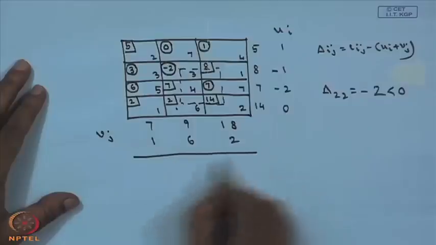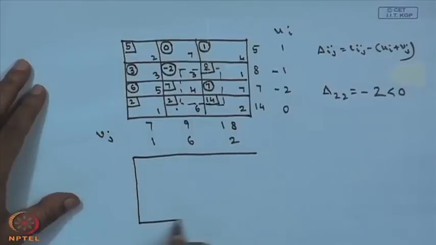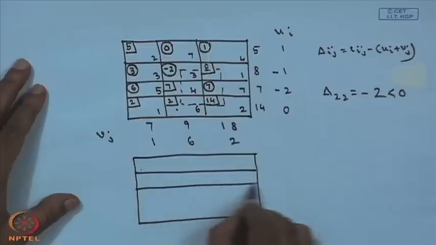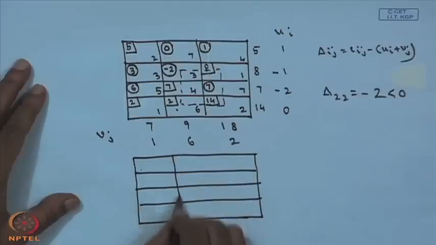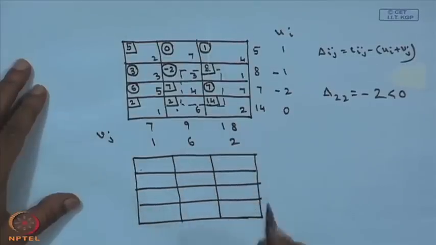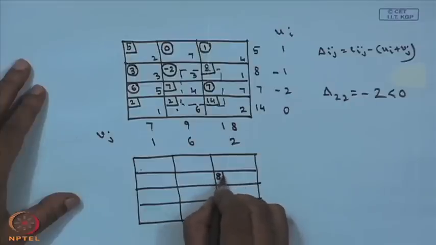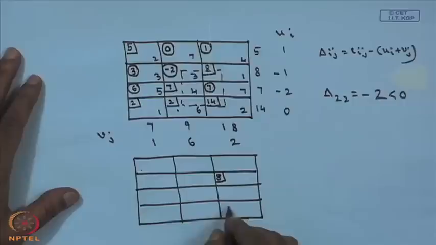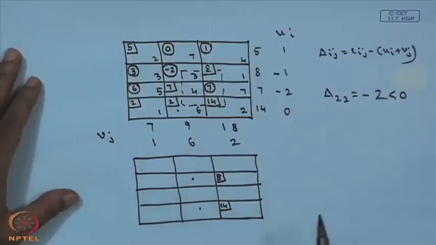So, if I draw the table only for this one, you have 4 rows and 1, 2 and 3 columns. I am not writing all the others, I am just writing 8 is here, 14 is here, and your occupied cell was 2 over here and this is not occupied.